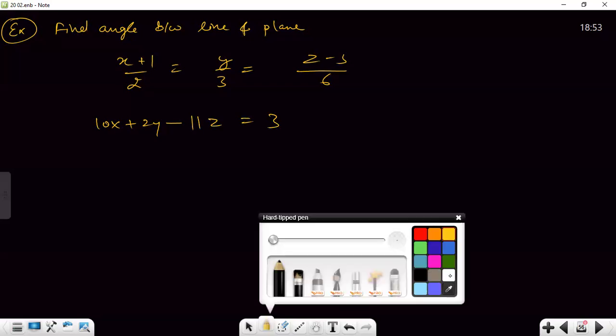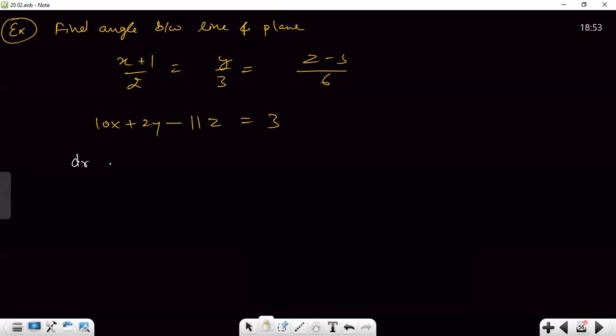What we care about is the direction ratios only. The direction ratios of the line are 2, 3, and 6. The direction ratios of the plane are 10, 2, and minus 11. Let's find the sine of phi.